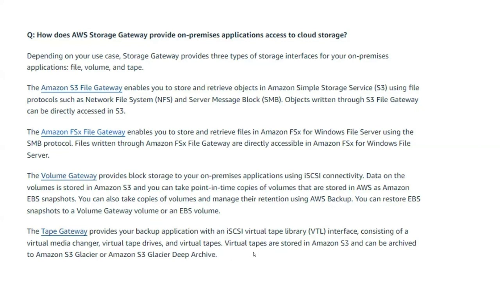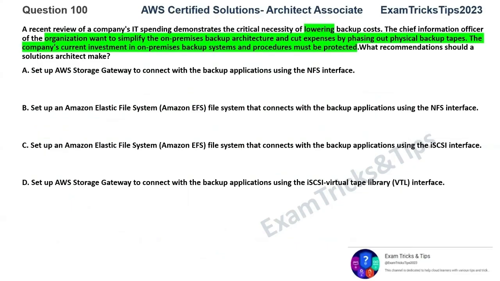That's the solution. They have not clearly said tape gateway, but they have mentioned the SCSI virtual tape library, which is what the tape gateway uses. So option D is your tape gateway, and that's the answer.